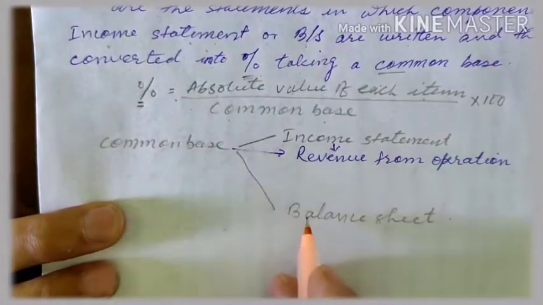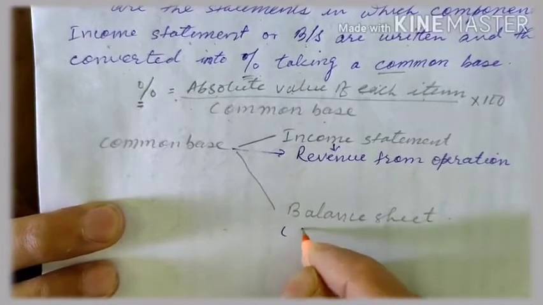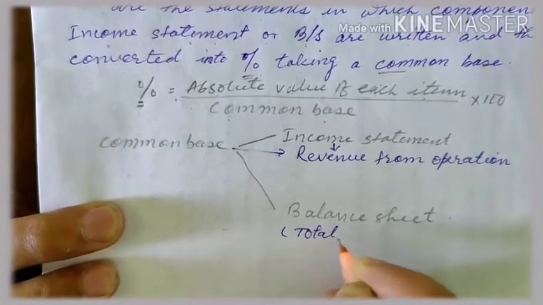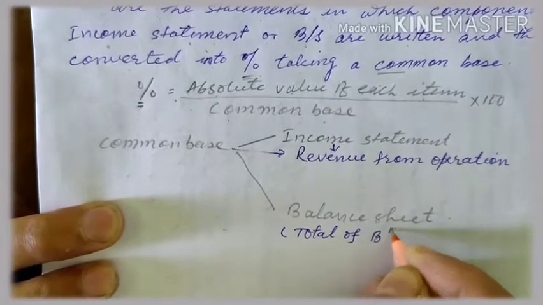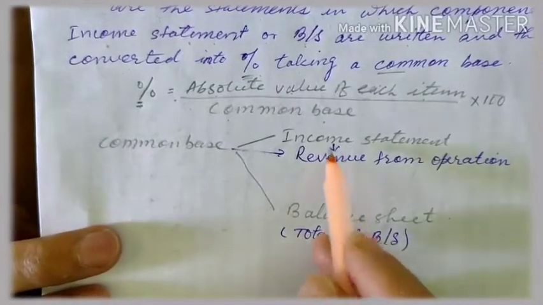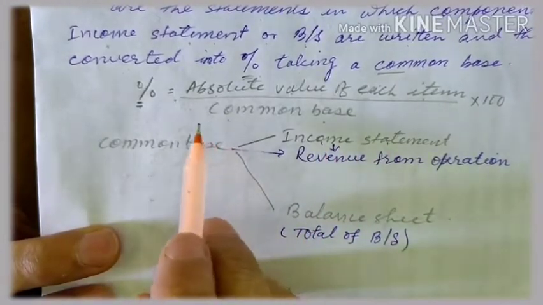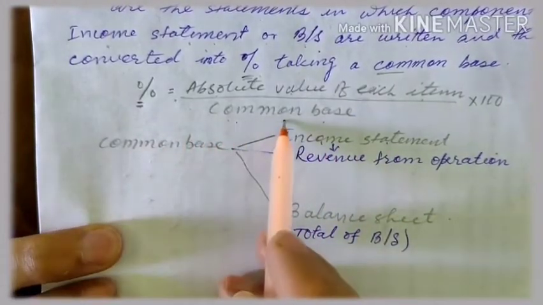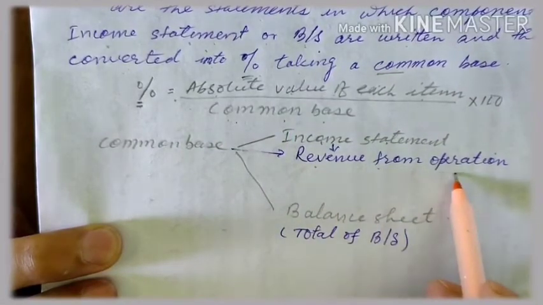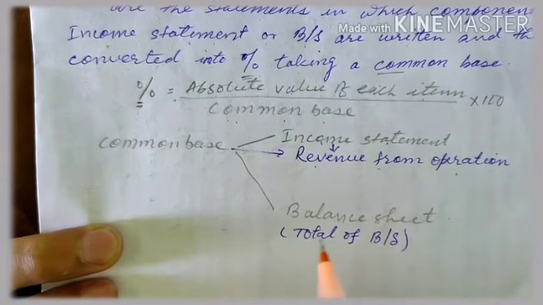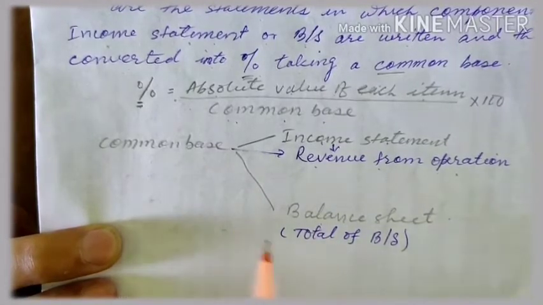And the common base for balance sheet is total of balance sheet. Now for income statement, each of the items will be divided by the common base, that is revenue from operation. And for balance sheet, each of the items will be divided by total of balance sheet.